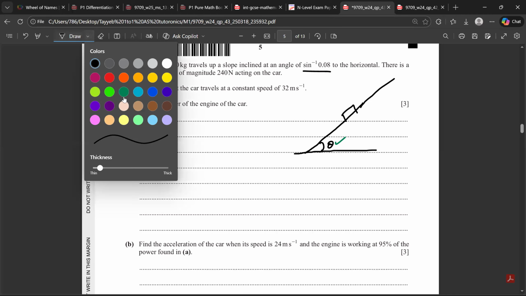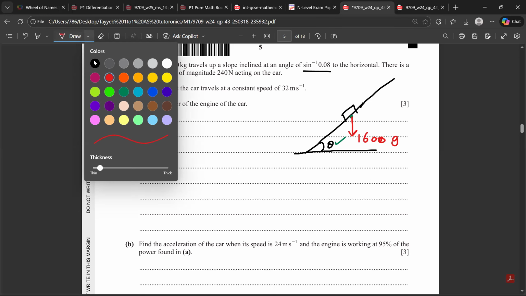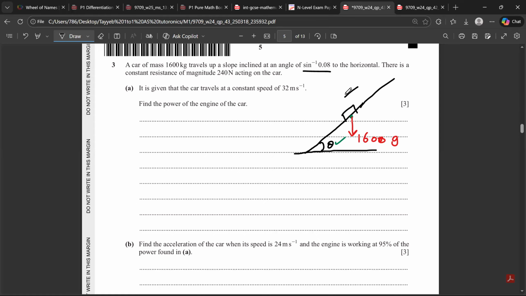Mass is 1600 kg. So you can say 1600 g, weight is equal to mg Newton. The resistance force, we can put a resistance force of 240 Newton. Car travels at a constant speed.